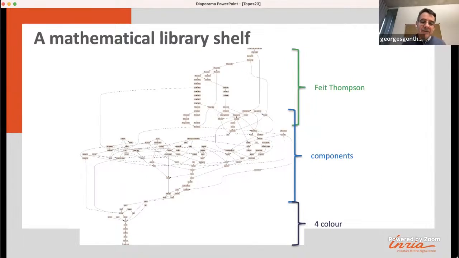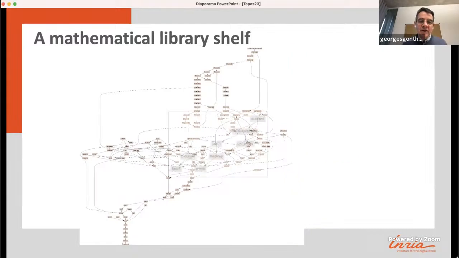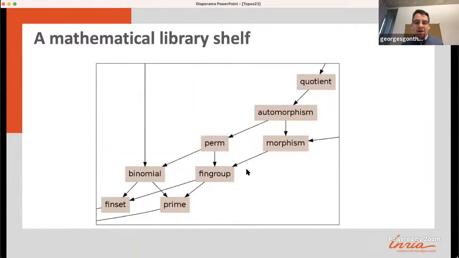And to give you an idea of scale, if you just zoom in into one of these little blobs, each blob corresponds to a couple hundred lines of formal math. So one blob talks about basic properties of prime numbers, one blob here talks about finite groups, and you've got blobs talking about morphisms and quotients.